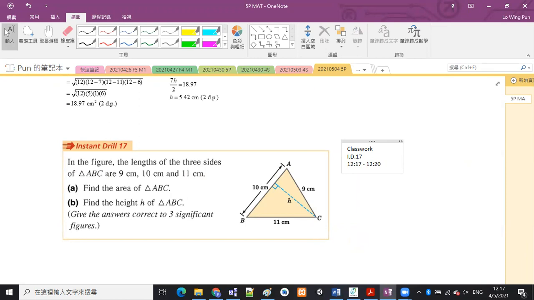This one will be exactly the same as the example. If you understand the steps in the example, you must be able to do this instant drill.